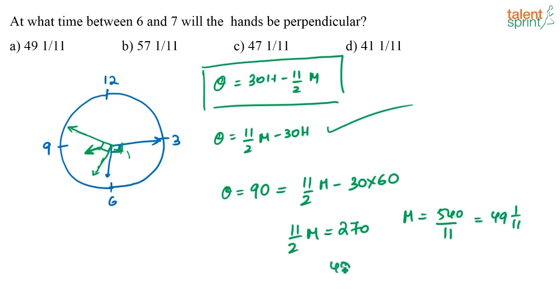So I can say that 49 1 by 11 minutes past 6, the angle between the hands of the clock will be perpendicular to each other. The correct answer that we are looking for here is option A, 49 1 by 11.